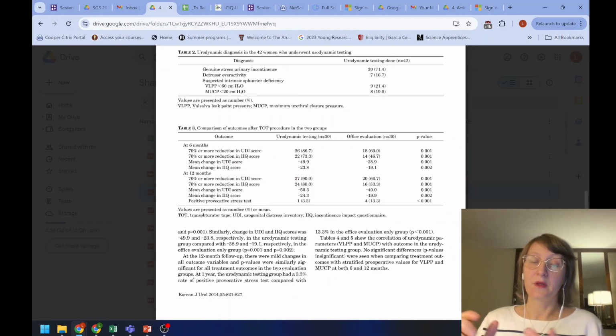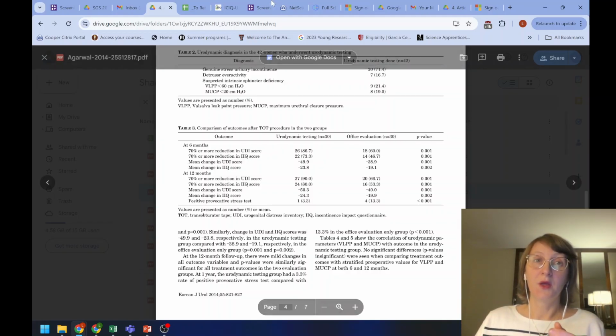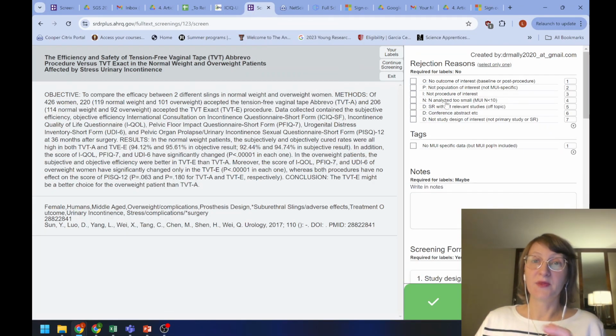If it's an abstract, then you will not find it, and you will go back to the screening and reject it based on the criteria that it's a conference abstract and there is no full text available. If there is full text available, but it's not available to you, your librarian cannot find it, you're not at an academic institution, and you're in a private practice, please reach out to Alex Santangelo. He will be working with me on this project, and he will retrieve it manually for you.